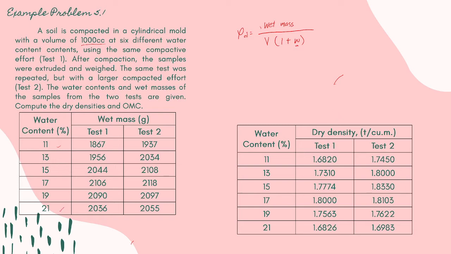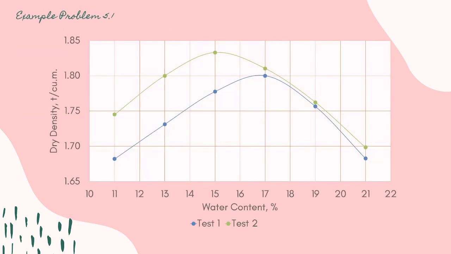The second part is to determine the optimum moisture content. If you plot the calculated dry densities, you will arrive at this graph.